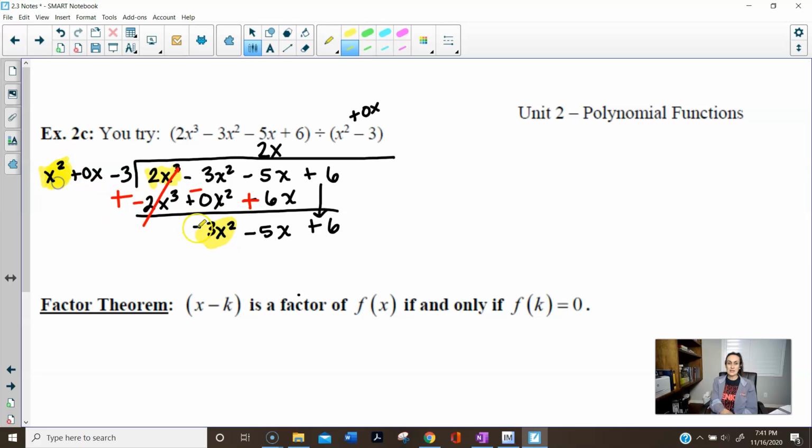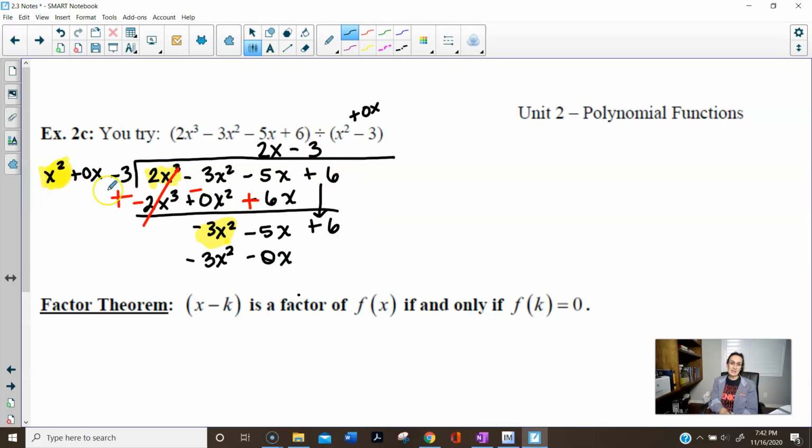Again, ignore everything, looking at just the negative 3x squared and the x squared. And x squared times what is negative 3x squared? And that's going to be negative 3. So subtract 3. Take that negative 3 and multiply it through to everything. So now I have a negative 3x squared, and then times it by 0 is just going to be subtract 0x.